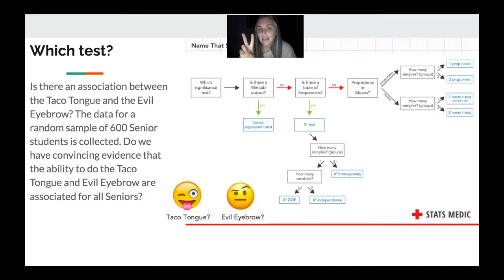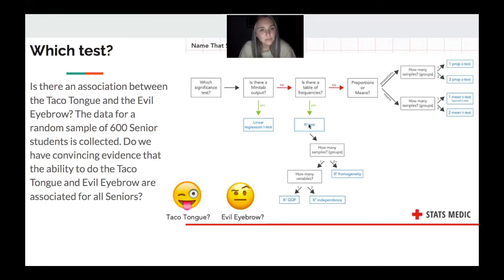You would have to say a taco tongue yes and a taco tongue no. And then your next would be, I could do the taco tongue and I can also do the eyebrow. Or I couldn't do the taco tongue, but I can do the eyebrow, right? So you would have to collect the data in a way that ended up with a table of frequencies. So yes.